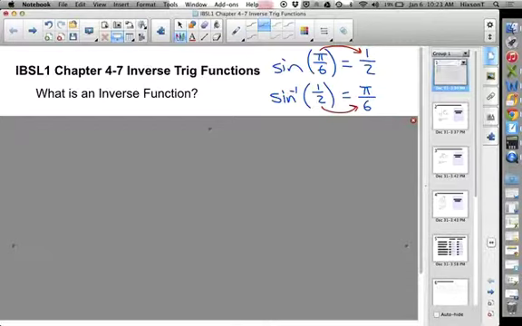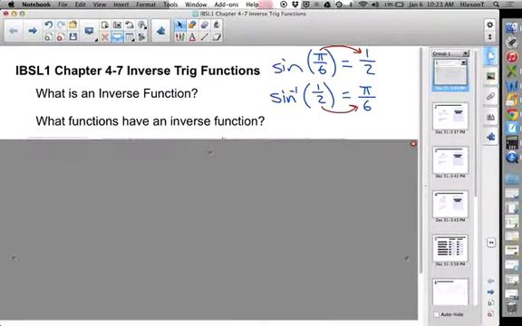So, that's what an inverse function is, and we're getting a little bit ahead, but that's okay. How could we tell by looking at it whether a function would have an inverse function? How could we tell if a graph was a function to begin with?